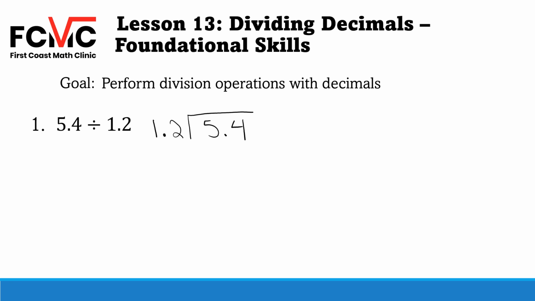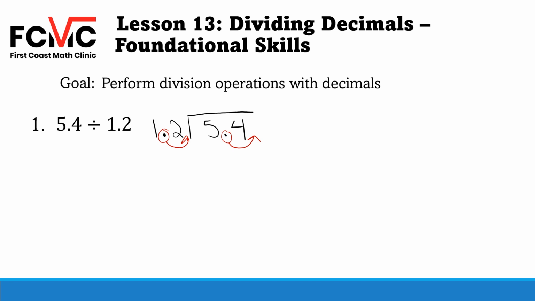So we're going to look at our decimals and say, okay, where are they? Starting with the value outside of our division sign, we're going to move our decimal point to the right. However many place values I can move this decimal point, I'm going to move the decimal on the value I'm dividing into the same distance, same direction.